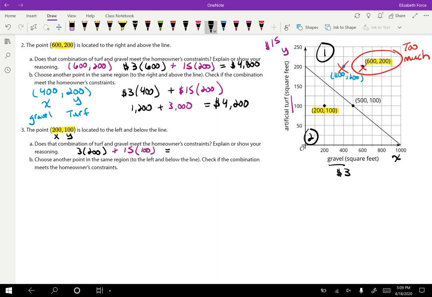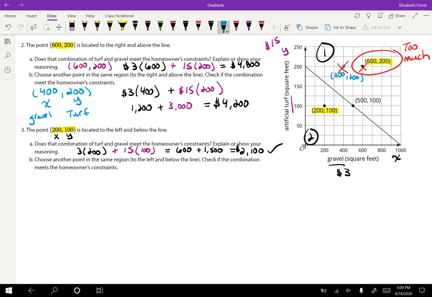This is going to give me $600 for gravel plus $1,500 for our artificial turf. So that's $2,100. Yes, that checks out. That leaves me $900 left with my budget of $3,000.